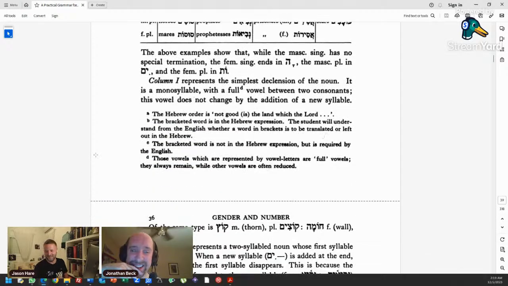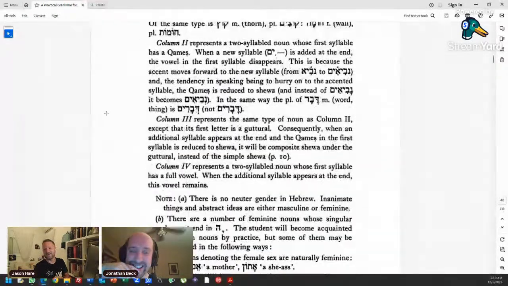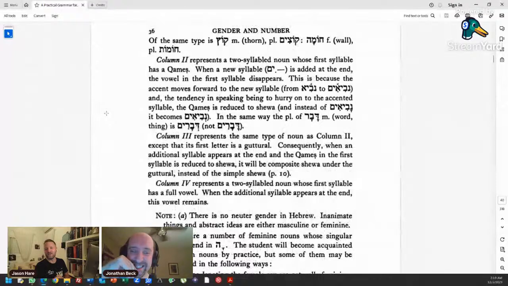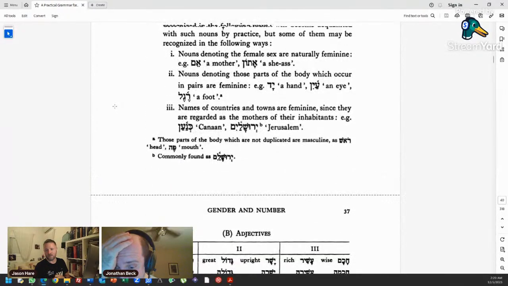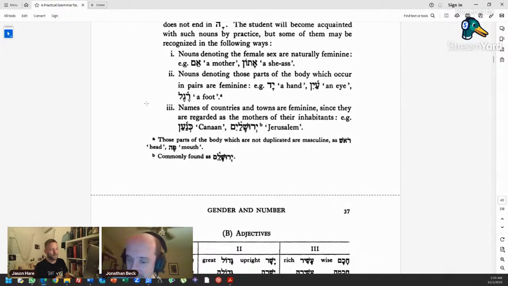Anyway, he talks about the reduction of distant syllables. Davar becomes davarim, becomes dvarim, with the first syllable reduced. Regel. No, there are masculine and feminine pairs in nouns that represent natural gender. That's true. But you can't force nouns to have two genders.